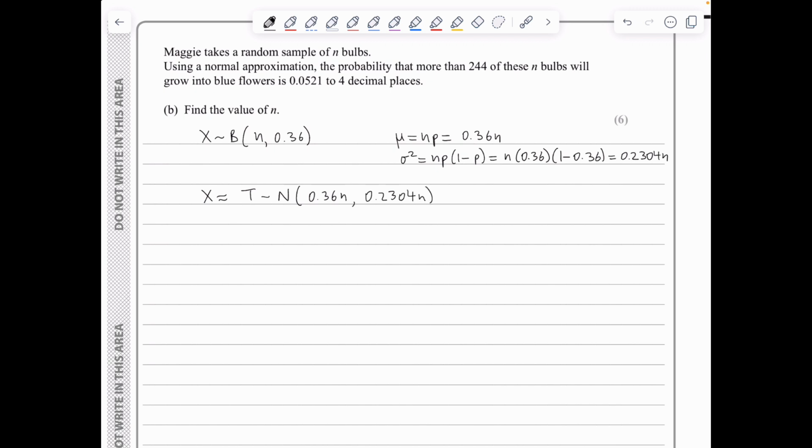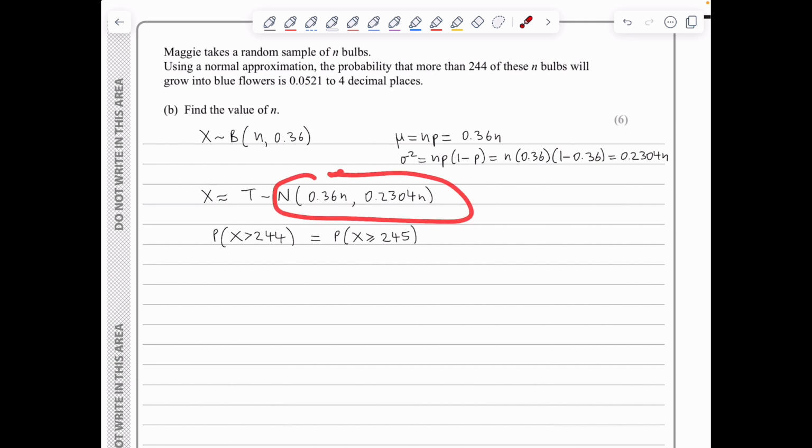Now, we have been looking at the probability of more than 244. So the probability of x being greater than 244 is the same as the probability of x greater than or equal to 245. And the reason I'm doing this step here is for me to see the continuity correction that needs to be applied, because I'm approximating a binomial distribution which is discrete by a continuous distribution, the normal distribution.